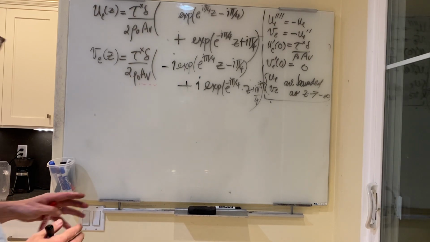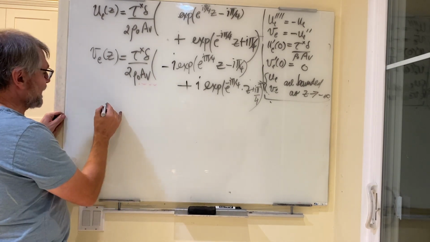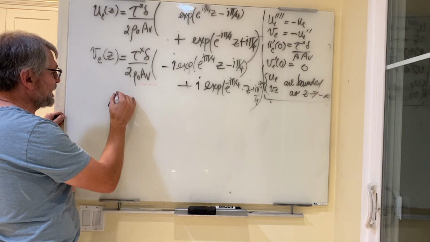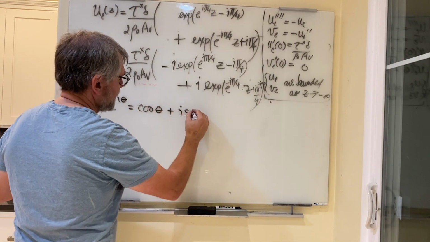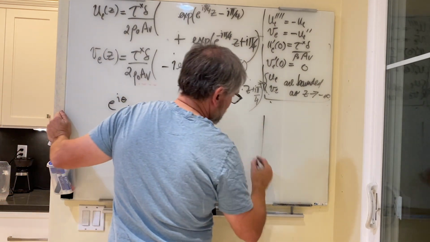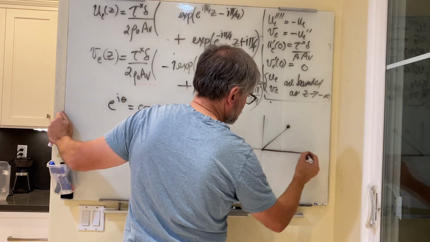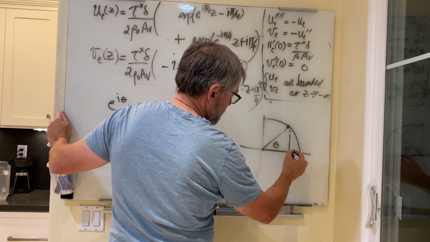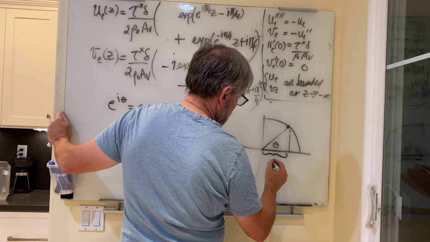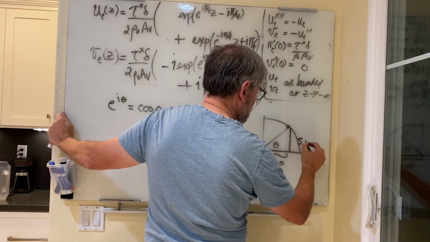Alright, so now we're almost ready to clean up the final bit. We're going to use this fact over here. If I know that e to the i theta is equal to cos theta plus i sine theta, remember from the complex plane, if I have a point out here on the unit circle, and this is theta, then this distance here, the real part, is cosine of theta, and the imaginary part is sine theta.